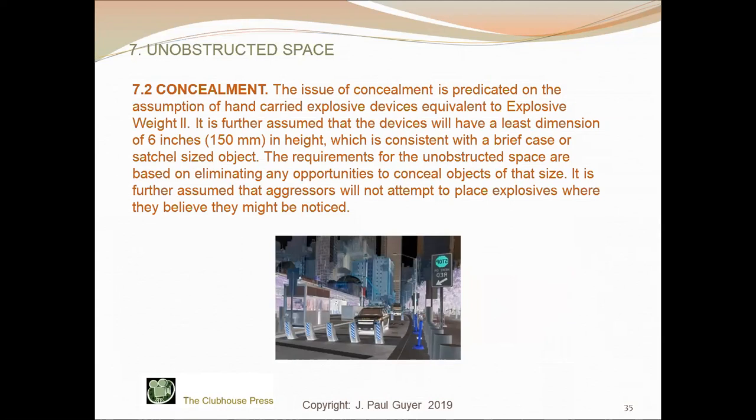The requirements for the unobstructed space are based on eliminating any opportunities to conceal objects of that size. It's further assumed that aggressors will not attempt to place explosives where they believe they might be noticed.